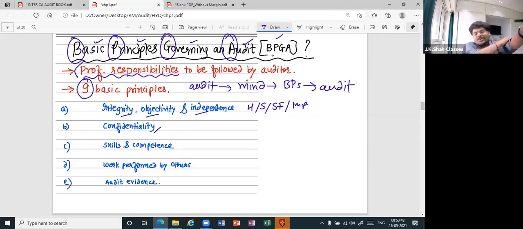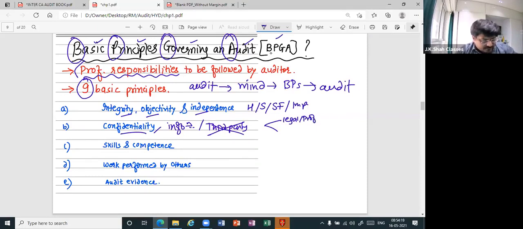When you talk about confidentiality, can I say like this? Auditor will obtain a lot of information. When he obtains information, this information belongs to the company. Should he disclose it to a third party or no? No. Correct. So can I say that is the meaning of confidentiality? However, he can disclose under two situations. One, when there is any legal or professional duty.